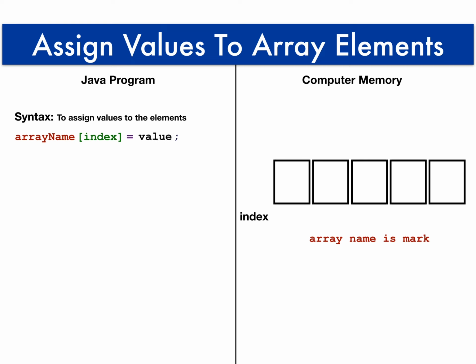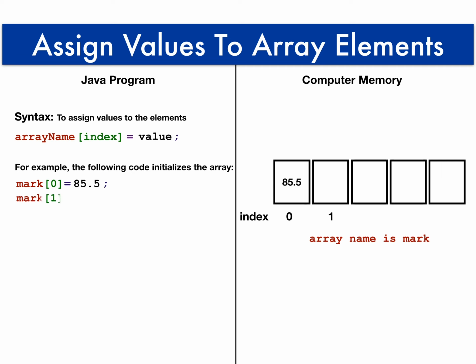In an array, the index must start with 0. At index 0, the value for the first element is 85.5. At index 1, the value for the second element is 90.1. The value here depends on the data type that you have declared. If you declared the data type as double, all the values in the elements must be double.